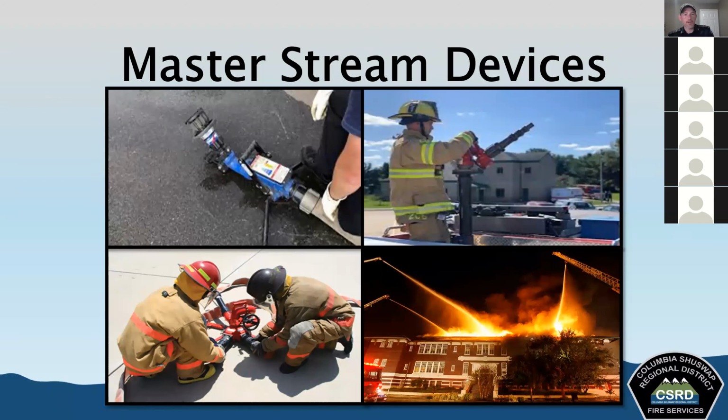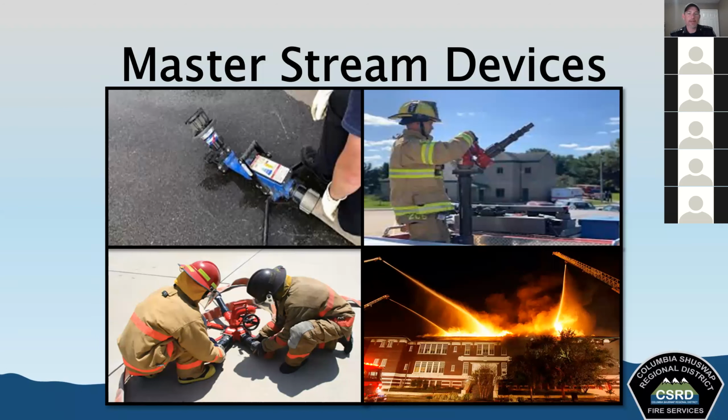Again, like I talked about, we want the stream to enter the structure at an upward angle, and that's going to cause it to deflect off the ceiling or any other overhead objects, and it'll then cause the stream to break and more rapidly turn to steam, which is better for cooling, better for steam generation and extinguishment.